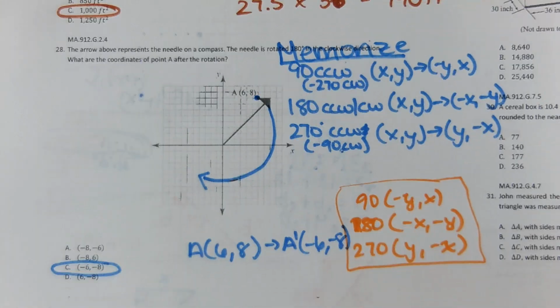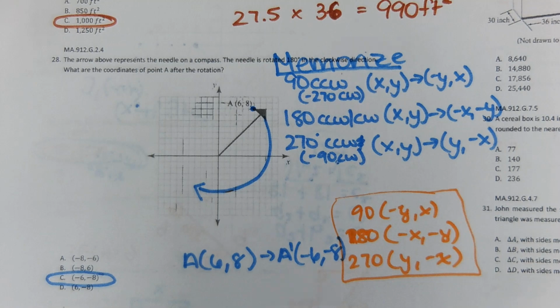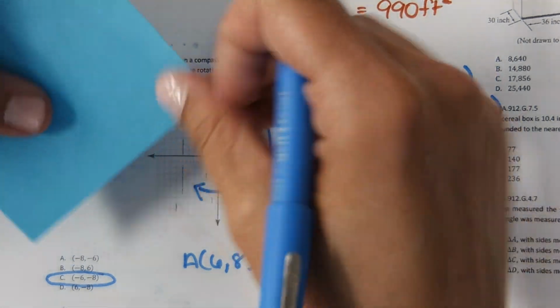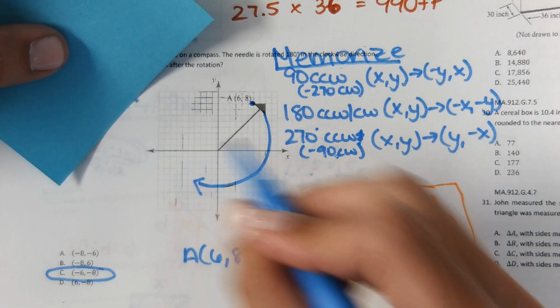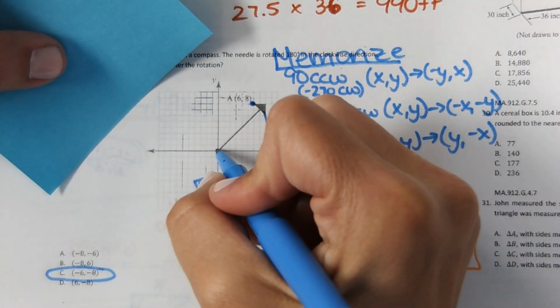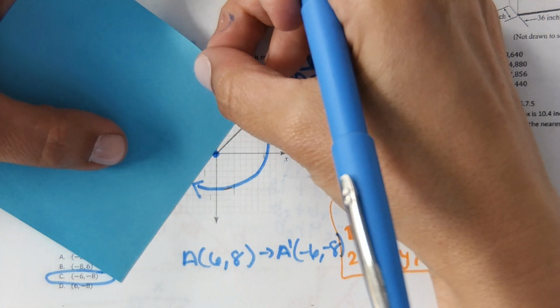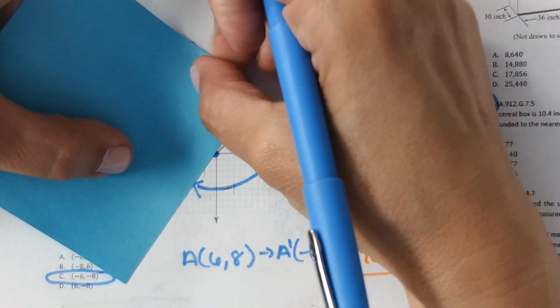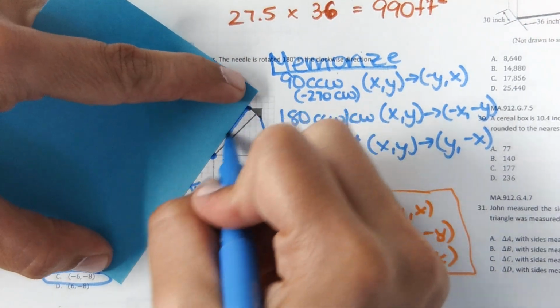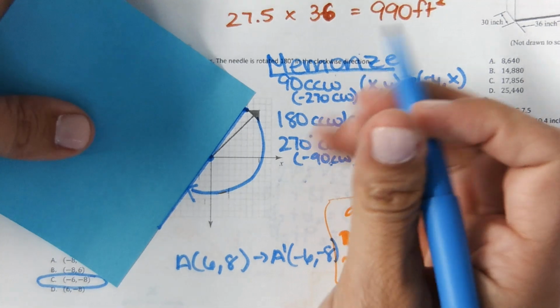The other way to do it, if you didn't have your rules memorized, is to use the concept. So if this is rotated 180 degrees about the origin, then the angle from this point to this to the new point should be 180 degrees. So you could technically draw a line like this.